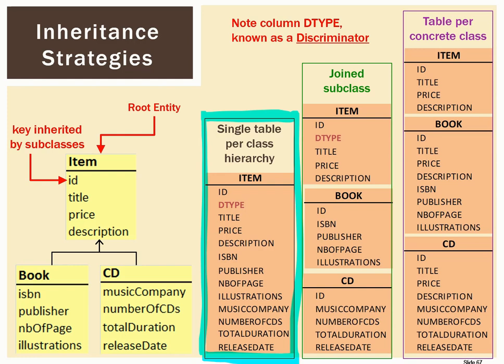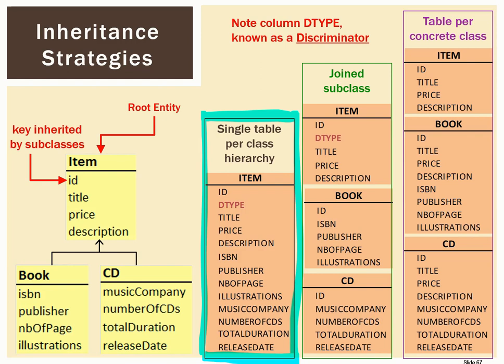D-type is an optional field in this inheritance model. D-type stands for a discriminator, and it's just a field that says what kind of type the item is. So for example, it might say book, or D-type might say CD. And that's a way for you to subdivide this giant table.